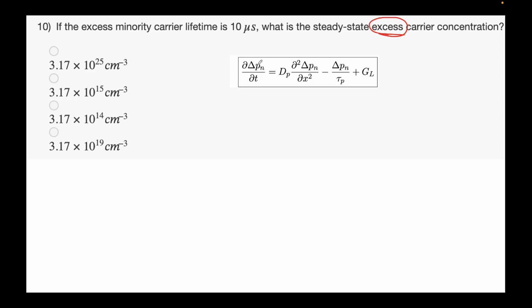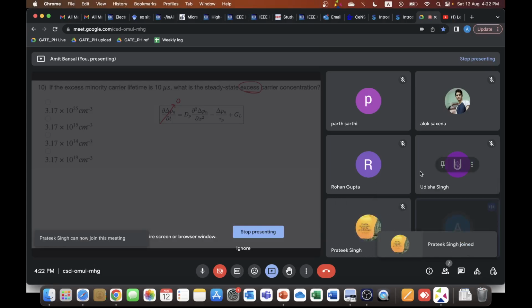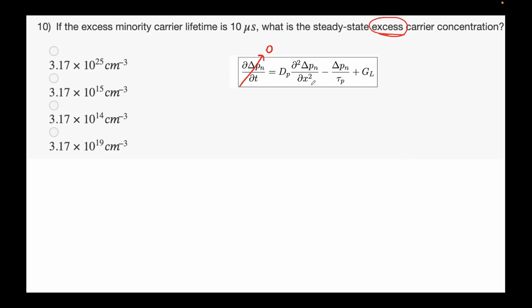So steady state means with respect to time it's not varying. When you talk about steady state, you can make this term go to zero. Please remember that this is a term which keeps coming again and again. Steady state means it's not changing with respect to time, so this differential will go to zero. Secondly, here we are not talking about diffusion. Why? Because the light was shining uniformly and the electron hole pairs are generated throughout, so there is no concentration gradient.